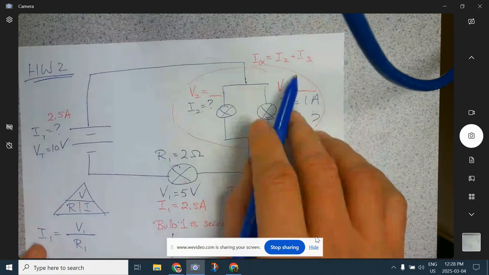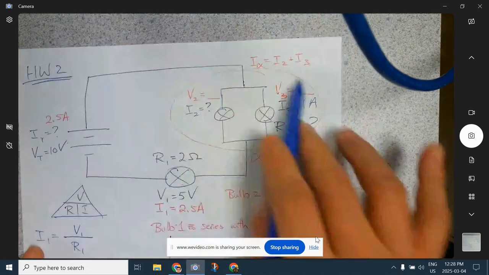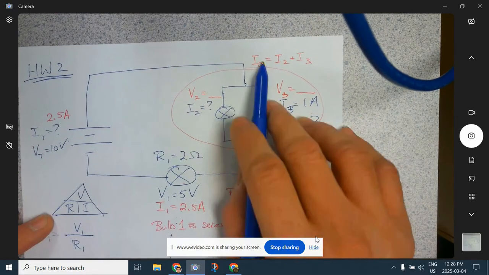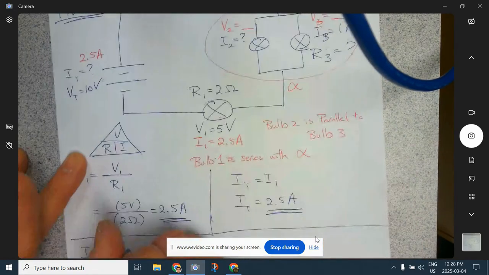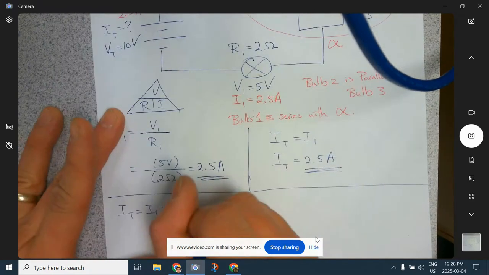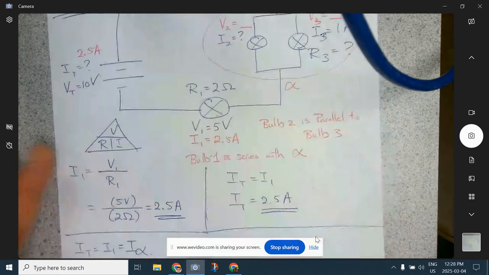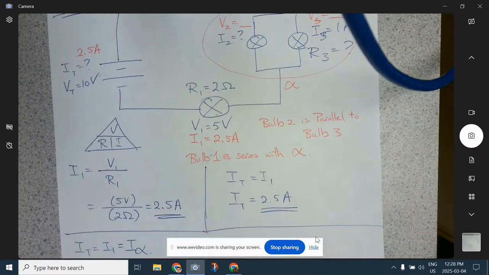And since what we said earlier, if we treat this whole thing as one load called alpha, then in this case, it is alpha. I know some of you might find this really confusing.